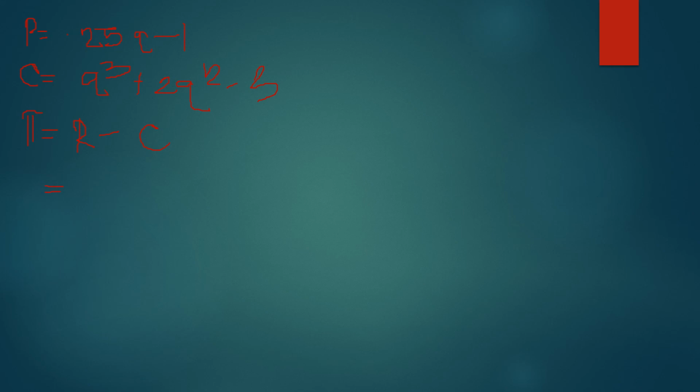So price is 0.25q minus 1 times the q, minus the cost, which is q cube plus 2q squared minus 3. Okay. So multiply it.